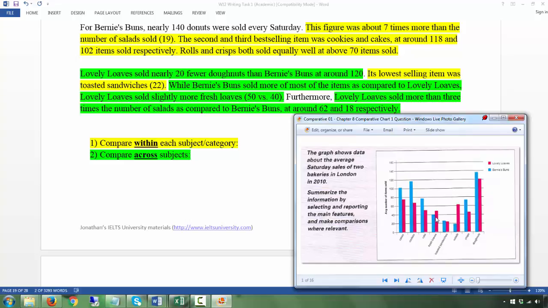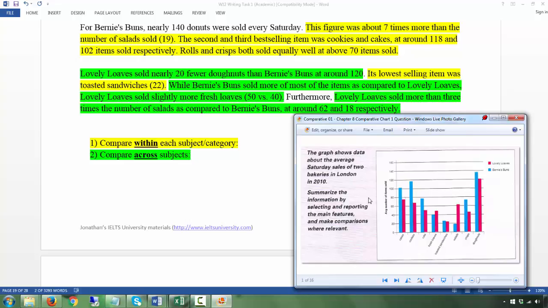And same for this, because this is the other odd one out, in terms of the fact that Lovely Loaves sold more fresh loaves than Bernie's Buns, even though it's only a bit more, 10 more, but this is still an odd one out. So it's significant. Here you can see we are comparing within, comparing across. We think about the first, the last, similar, and difference.